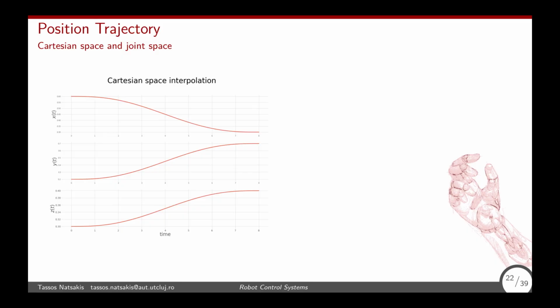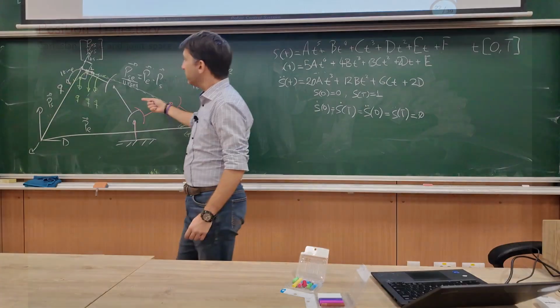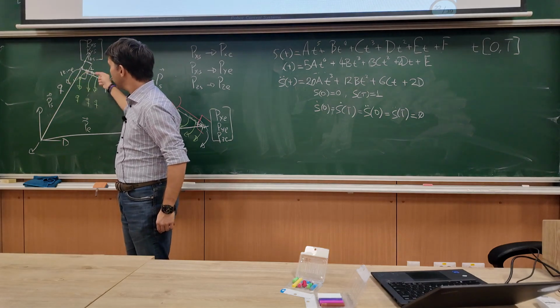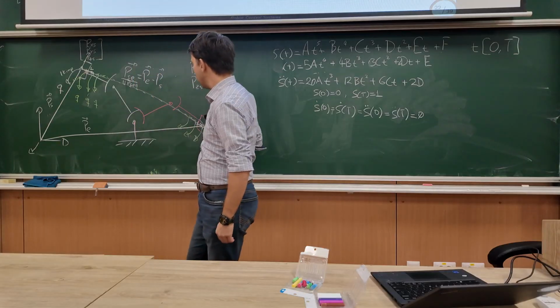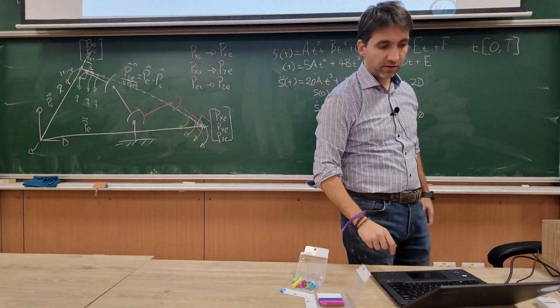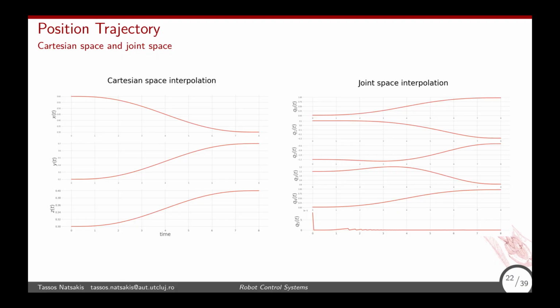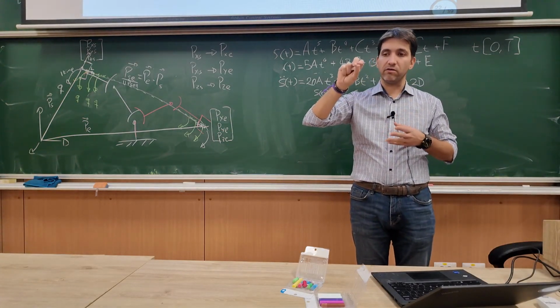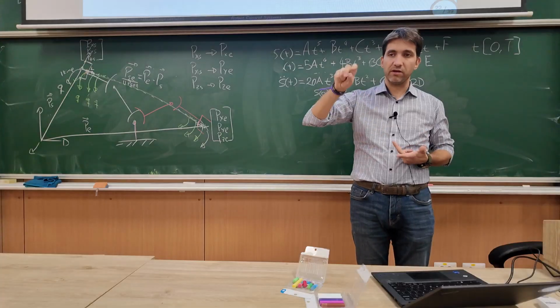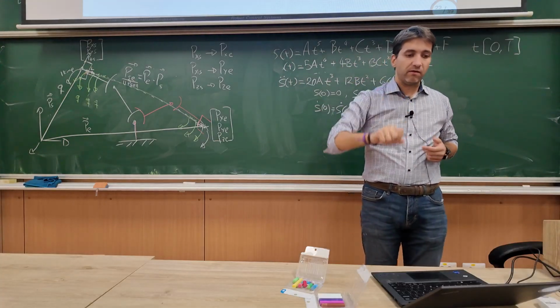If I solve the inverse kinematics, as I said, I will end up with joint values here. And since I will have a series of joint values, I will have joint trajectories, which would look like this. So this is the trajectory following a line in Cartesian space, because I have the end effector coordinates with respect to a Cartesian frame, right?